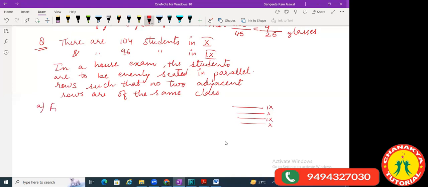Okay, now what do you have to find out in this? Find the maximum number of parallel rows of each class for the seating arrangement.